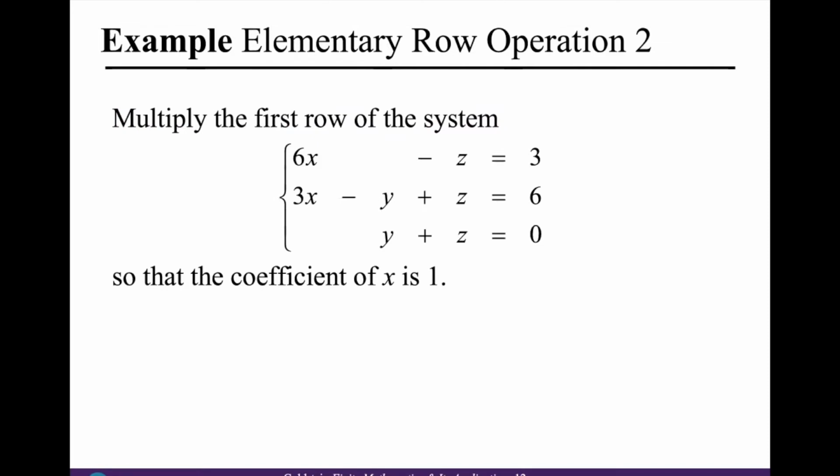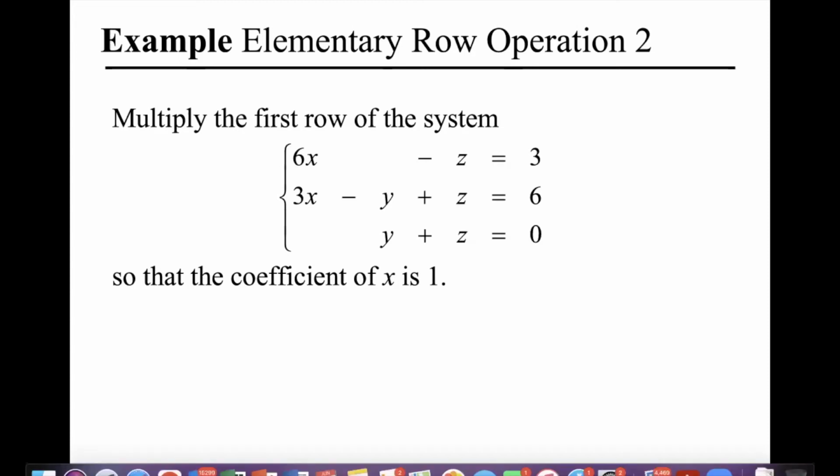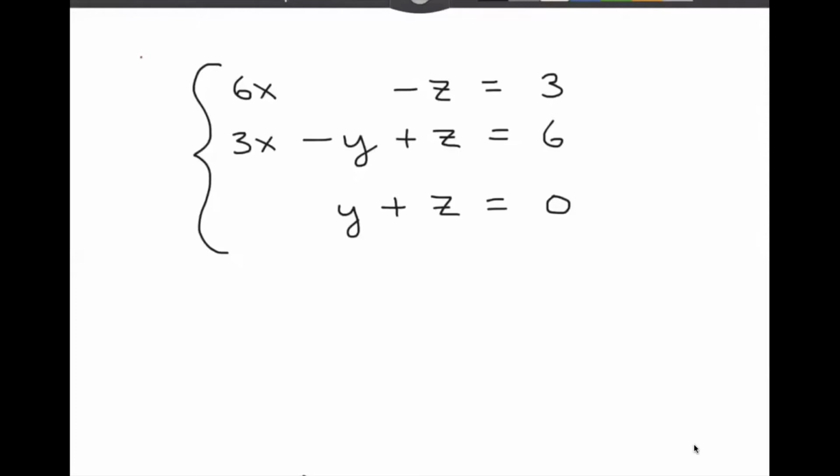So to show you this one, I'm going to switch over to the tablet. Here we go. All right. So again, we want to take that 6x and make it into an x.